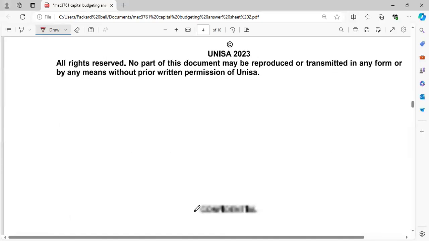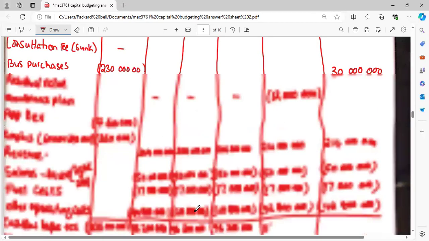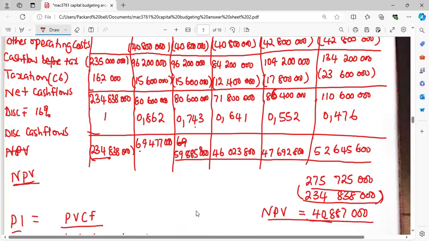How do we determine the payback period? It means we come here. This is our investment. Then they say that it must be discounted.